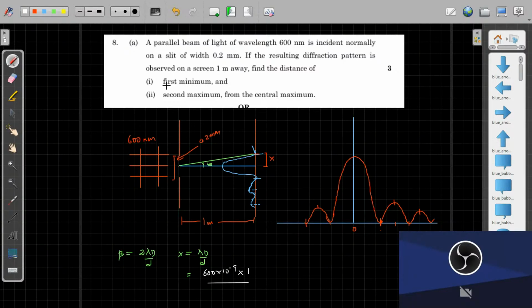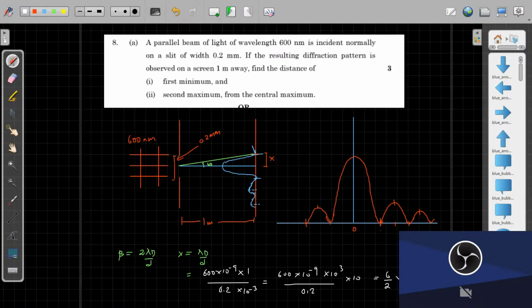Small d is 0.2 millimeter, 0.2 into 10 to the power minus 3. If I solve, 600 into 10 to the power minus 9 into 10 to the power 3 divided by 0.2.